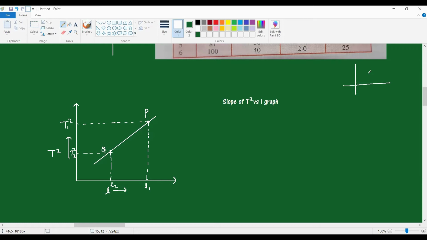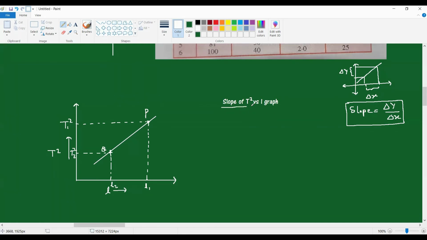Suppose this is any graph and this is a line. There is some change in y-axis with respect to change in x-axis. So this is the change in x-axis and corresponding to it, this is the change in y-axis. Slope means change in y-axis upon change in x-axis. This is the universal formula for slope of any graph. Clear?